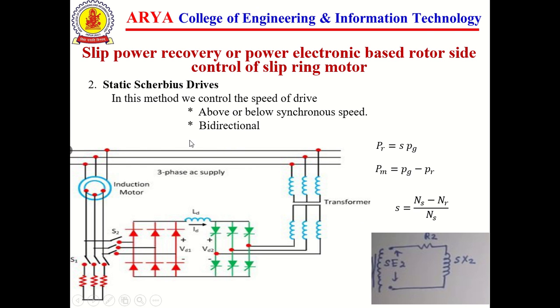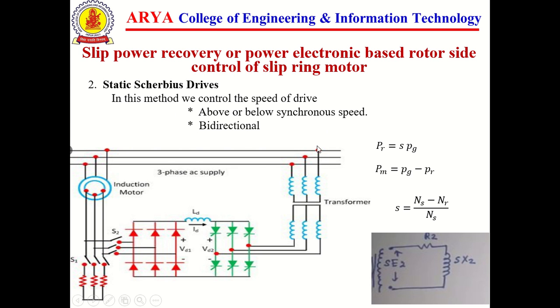The feature of this drive is that in this method we control the speed of the drive both above and below synchronous speed. That means if a drive has a synchronous speed of 1500 rpm, then by this method we control the speed above 1500 rpm or below 1500 rpm. That is the meaning of above, below and synchronous speed.